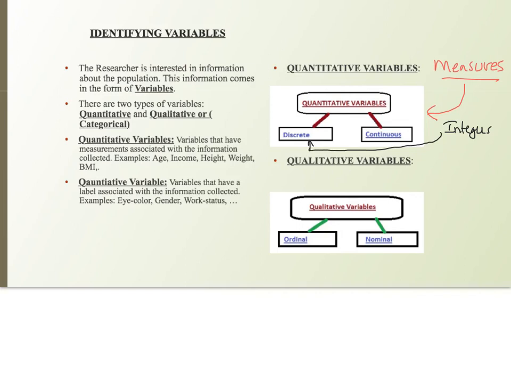And continuous quantitative variables are those that have decimals to them. So in some cases, if we have a decimal reading, we have something called a continuous variable or a continuous quantitative variable.